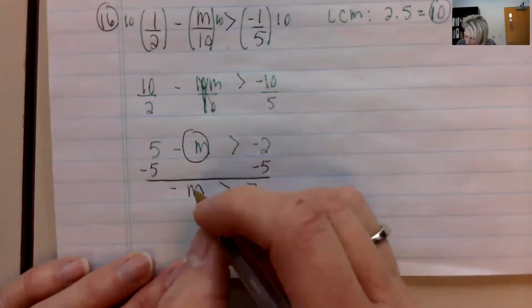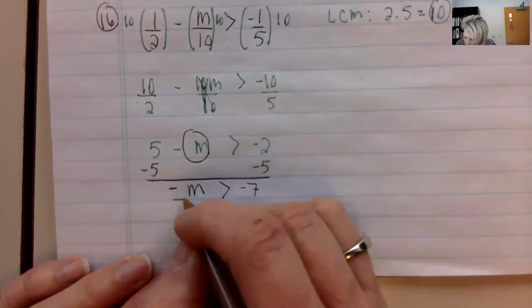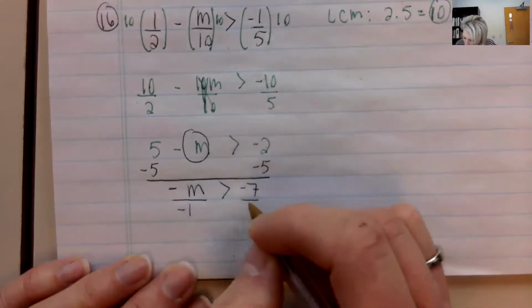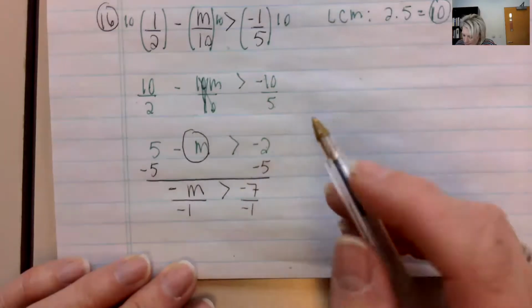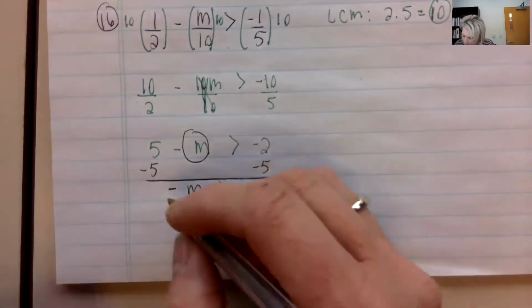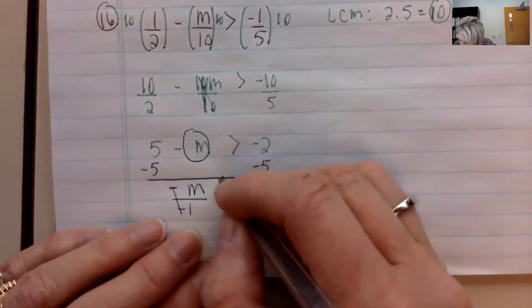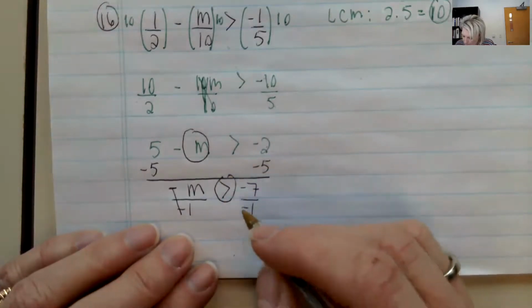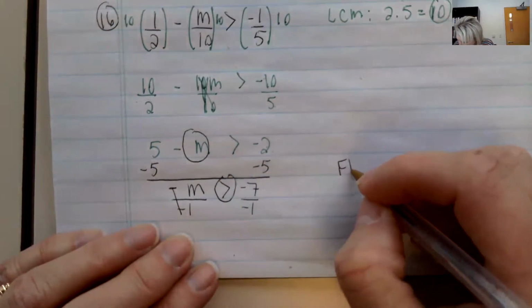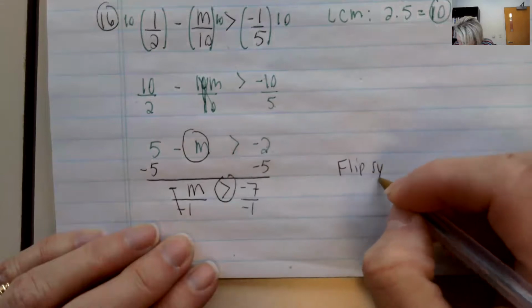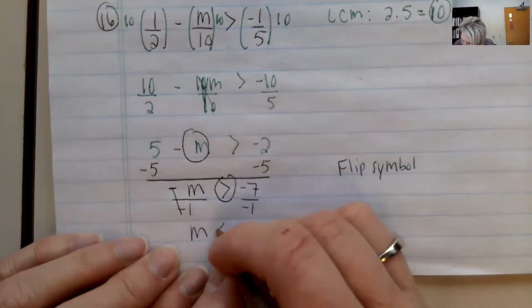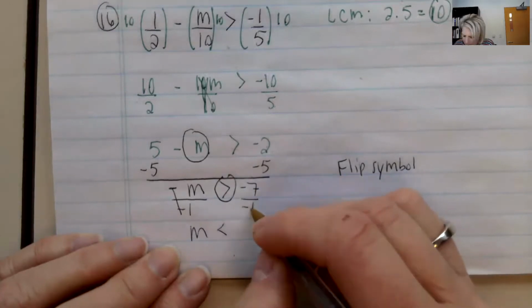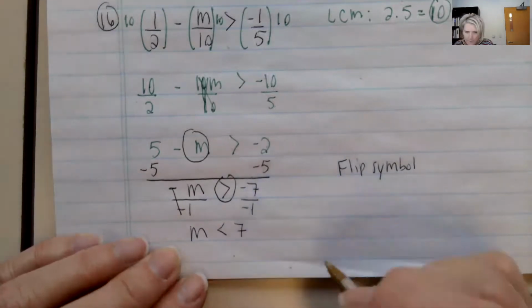And then because it's a negative, I need to divide through by a negative 1 to make m positive. And like we did in number 6, because I'm dividing by a negative, I have to circle that because I have to flip my symbol. So m is less than a negative 7 divided by a negative 1, which is a positive 7.